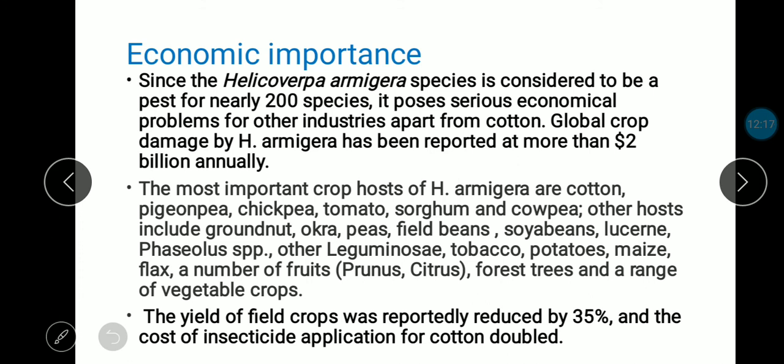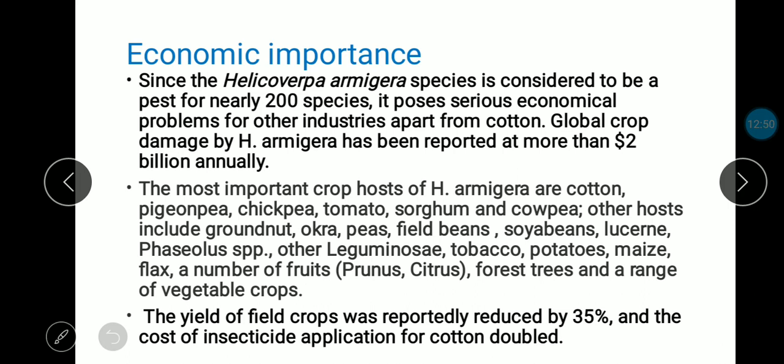Global crop damage by Helicoverpa armigera has been reported at more than $2 billion annually. That means $2 billion loss per year. The most important crop hosts of armigera are cotton, pigeon pea, chickpea, tomato, sorghum, cowpea.